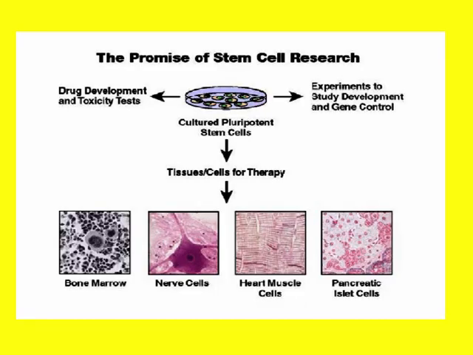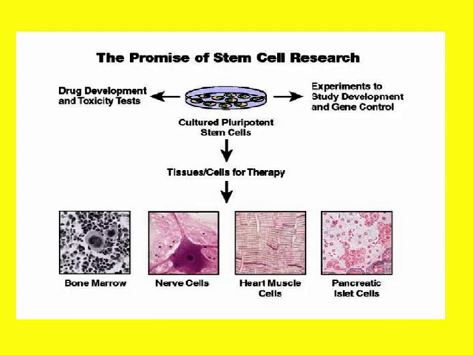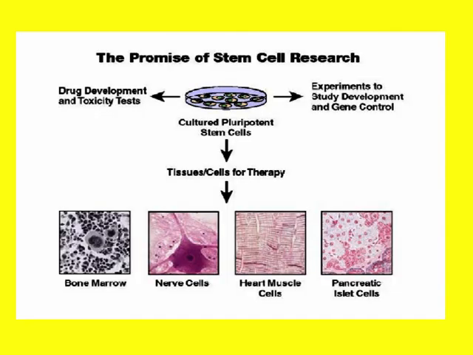So can I take one such cell and actually start, depending on how I'm going to incubate it, in what medium, can I, for example, make bone cells, nerve cells, heart cells, and so on? And the answer to that is yes. So just like a plant has a stem out of which everything else is made, this cell is a stem out of which many other differentiable cells are made.